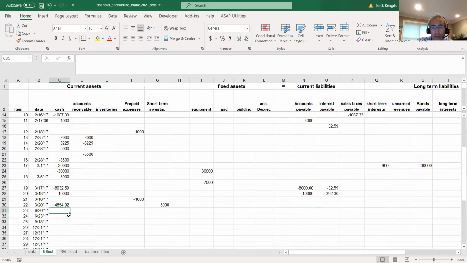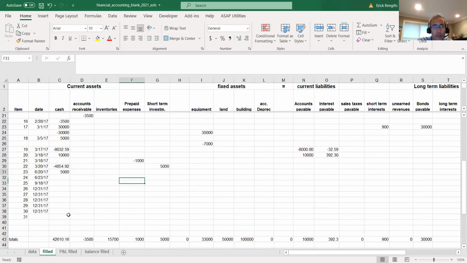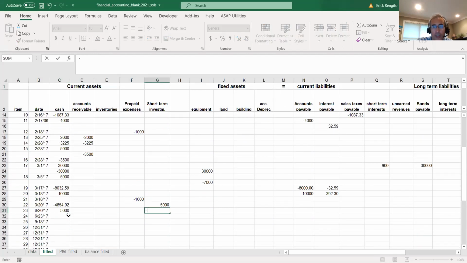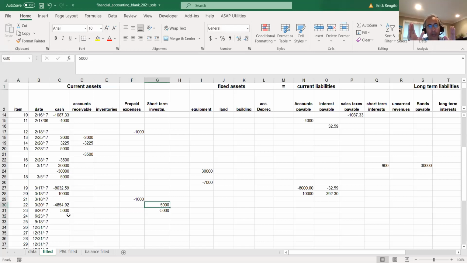So basically, I receive $5,000 here, cash. And this document disappears, because at the beginning it was a short-term investment, a paper. After 3 months, you simply execute the paper, so you receive the cash, and this short-term investment disappears.